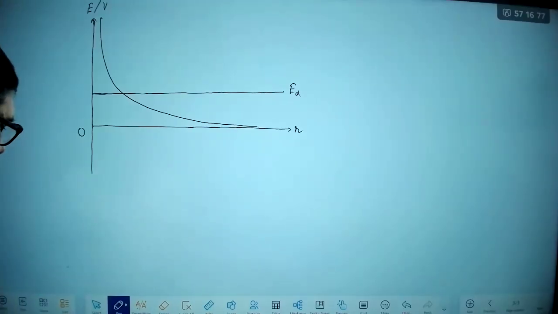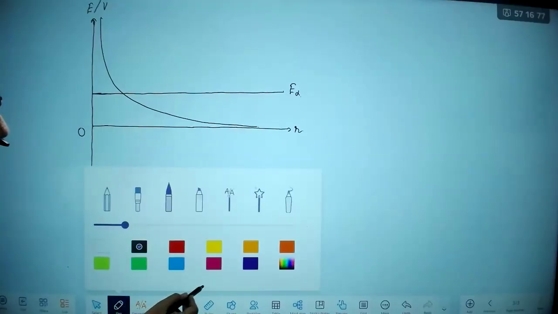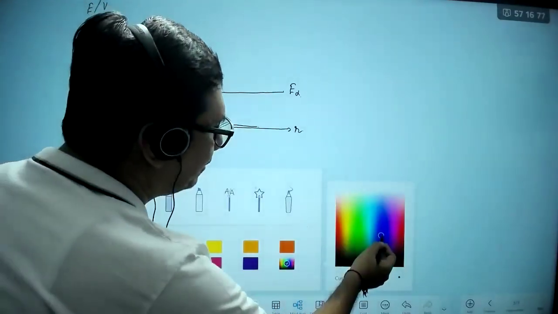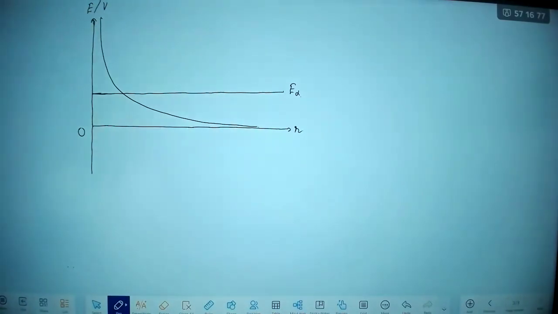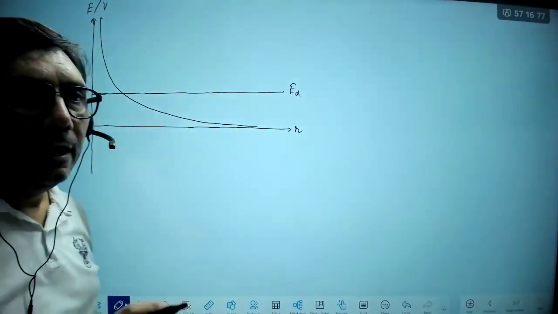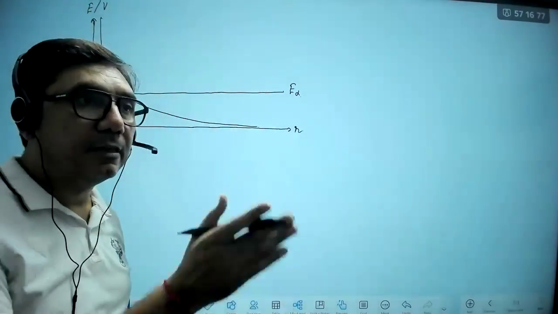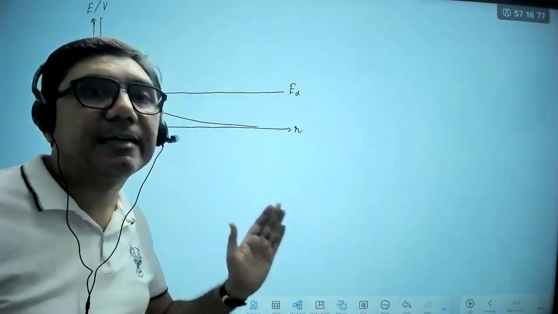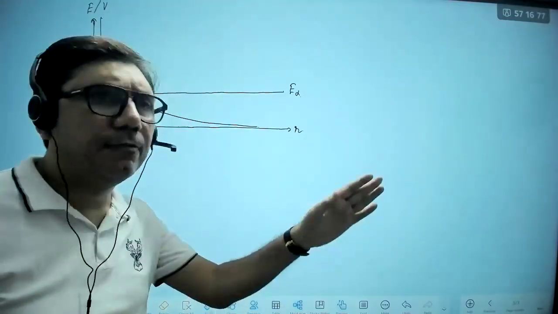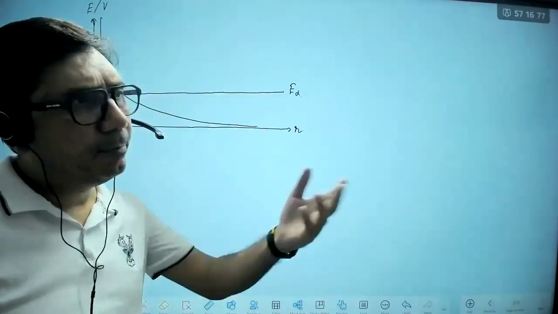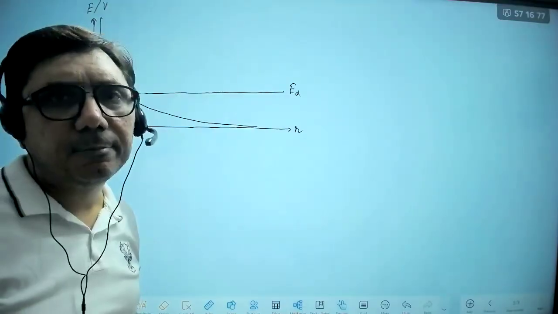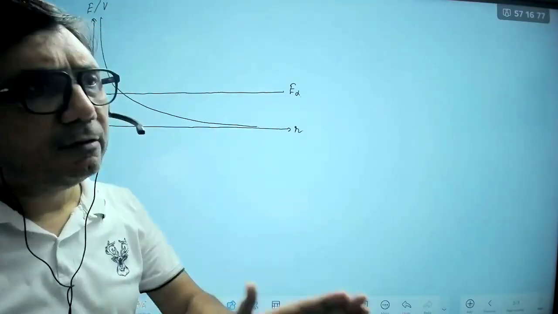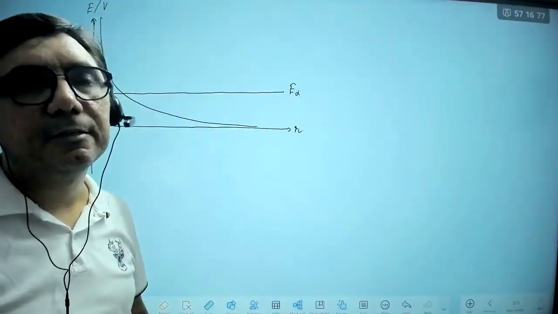Now try to understand, where is the turning point? The turning point is that point at which kinetic energy becomes equal to potential energy, and the particle is reflected back by some type of restoring force. It may be a repulsive force, any type of force, but the particle will be reflected back from the turning point.